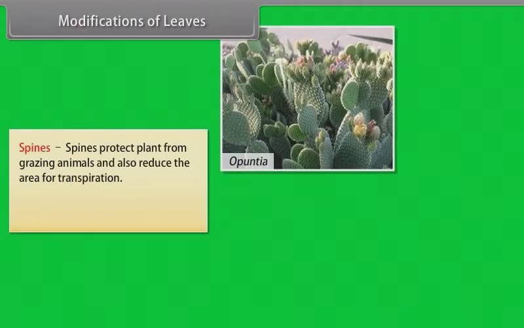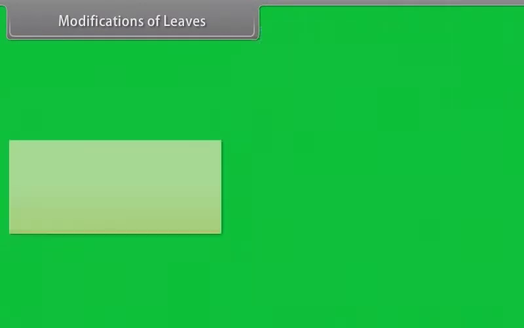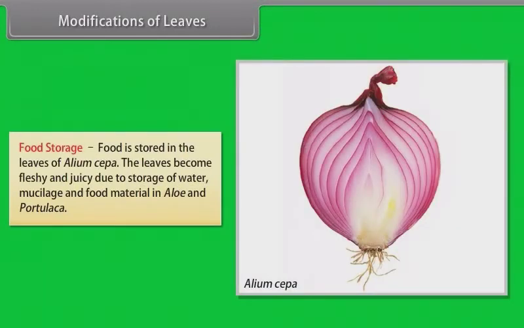Spines protect plants from grazing animals and also reduce the area of transpiration. Examples: Opuntia, aloe, Argemone, etc. Food storage. Food is stored in the leaves of Allium cepa. The leaves become fleshy and juicy due to storage of water, mucilage, and food material in aloe and portulaca.